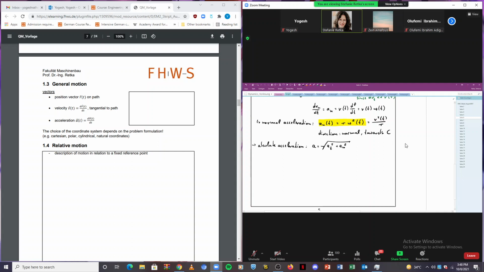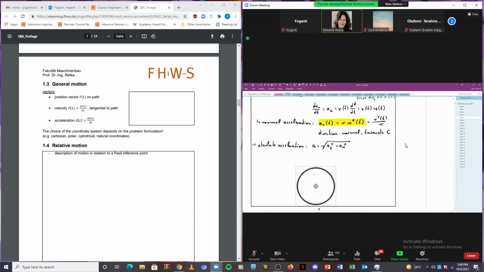And now we will draw a simple figure. Our circular path, whoops, not purple. So let's go like this.